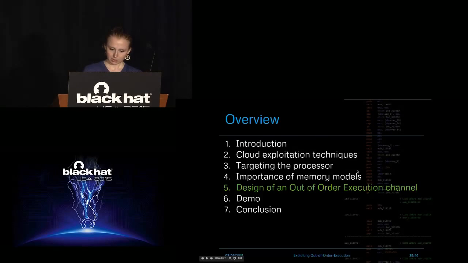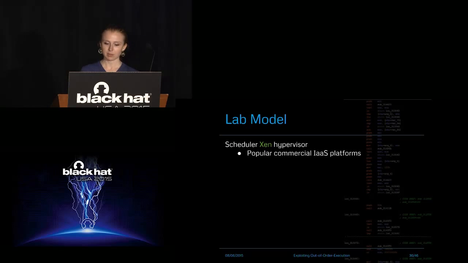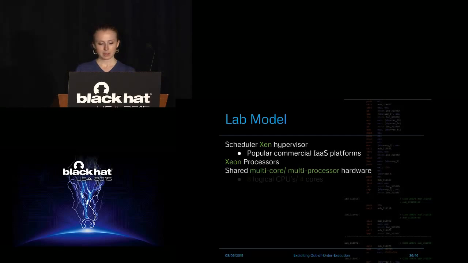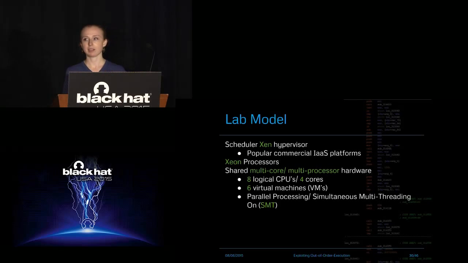All right, so how are we actually designing our channel? Well, in our lab setup, we had Xen Hypervisor, because that is the most popular commercial platform, Xeon processors, shared hardware, and 4 cores with 6 VMs. And SMT was turned on, like I said. The attack does not work if SMT is not turned on.